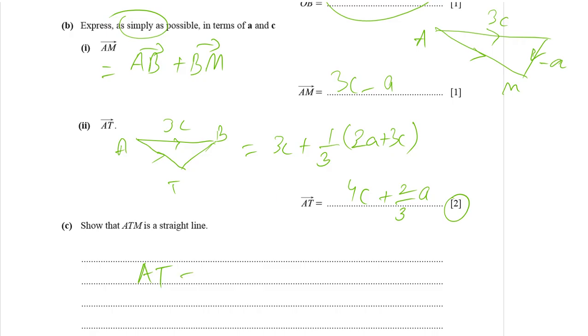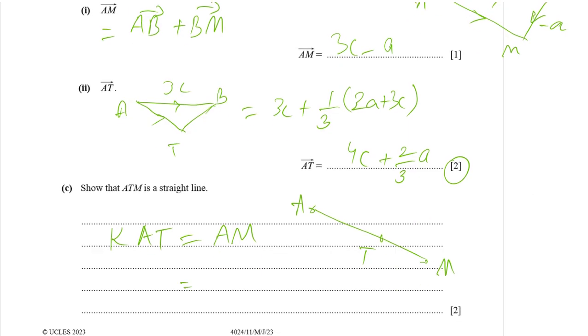So K times AT would be equal to your AM. The whole thing is AM, and this is AT. So let's figure it out. Your AM is 3C minus A. Your AT is 4C plus 2 by 3A.